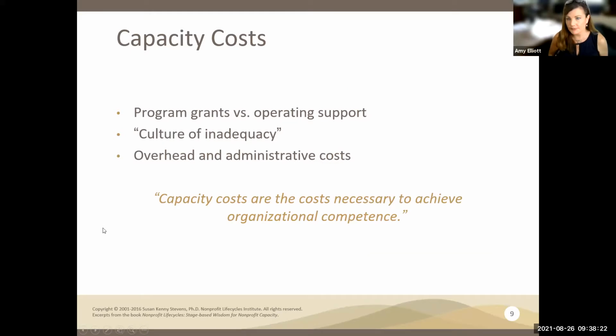Capacity costs money. And this is a place where I see the funders and the boards and the organizations, and even some of the individual donors, because you do have donors that are savvy enough to talk this language with you. Even individual donors coming around to understanding capacity costs money.